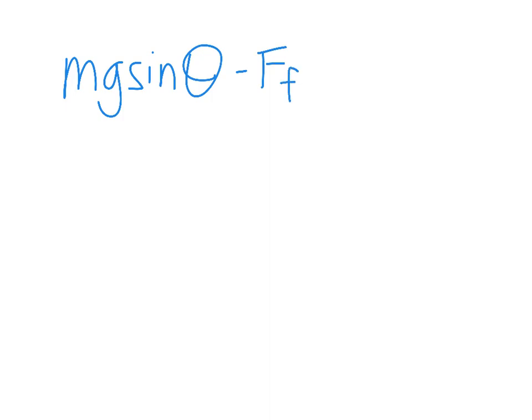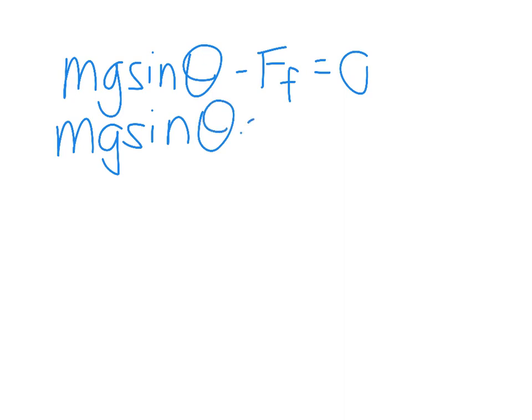Okay, so let's continue solving. In my x direction, I have mg sine theta minus my force of friction equals 0. Okay, so I can set these two things equal to each other because it's 0. Think to yourself, why is it 0? Well, it's 0 because it is at rest.